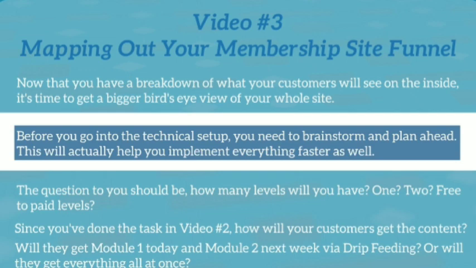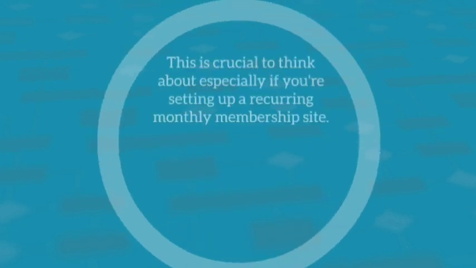So that's something that you really need to figure out right now before you actually begin the setup process. And this is a crucial thing to think about, especially if you're trying to set up a monthly recurring membership site where you earn profit every single month. The reason being is that if you want to do drip feeding, you need to know that ahead of time. And fortunately, the software that we will be using does offer some of these functionalities.